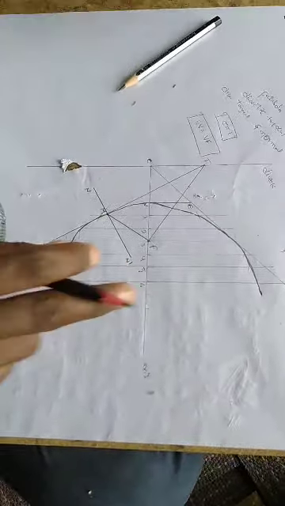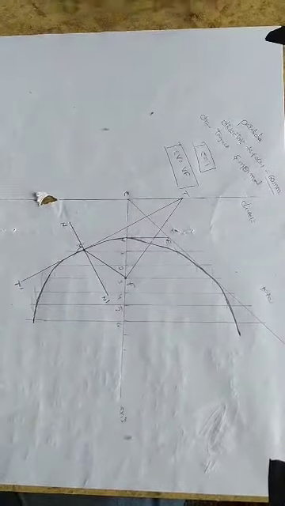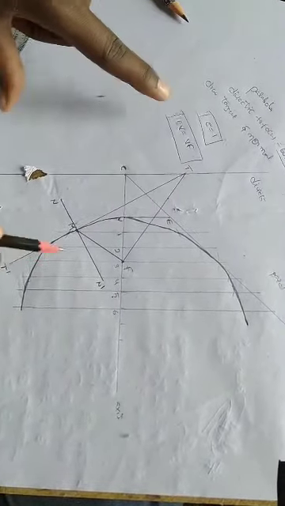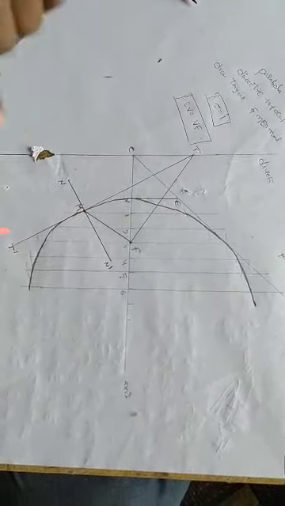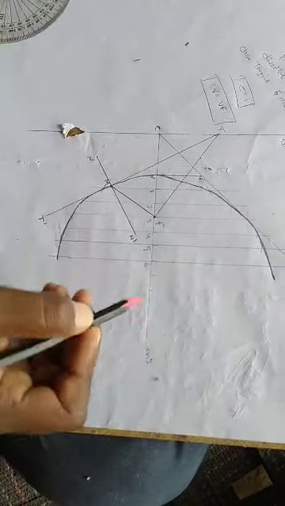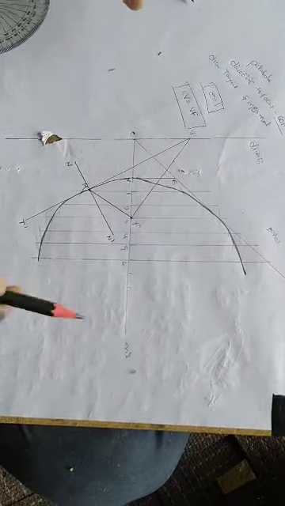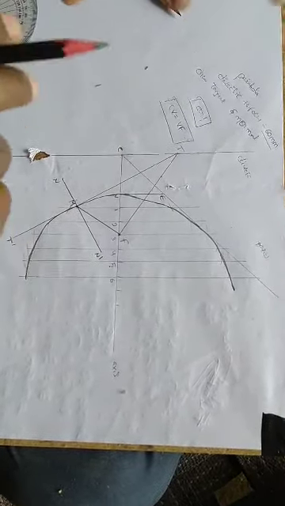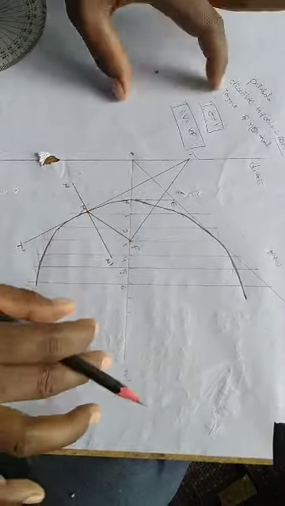This is the process of constructing a parabola by the eccentricity method, and drawing the tangent T dash and normal n dash.